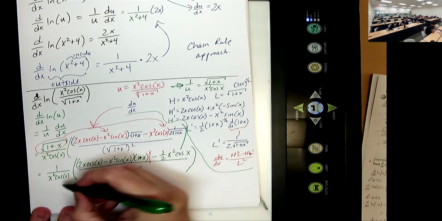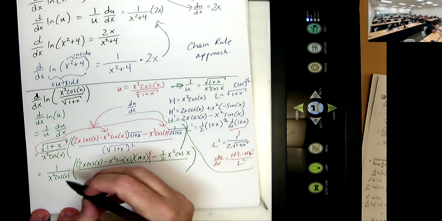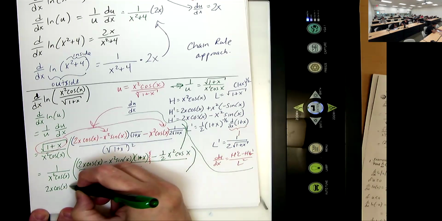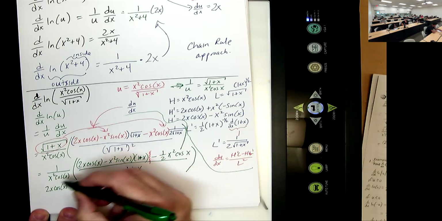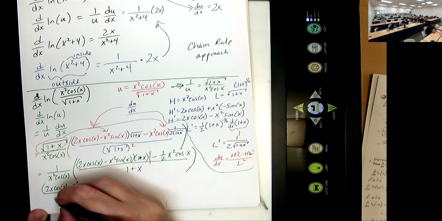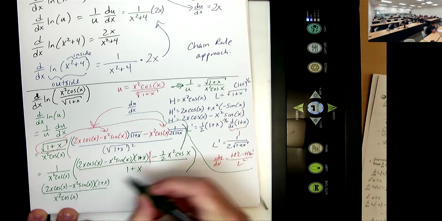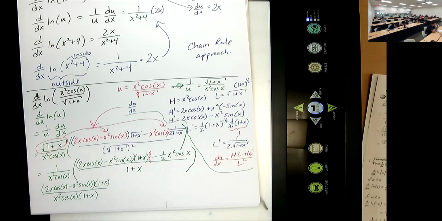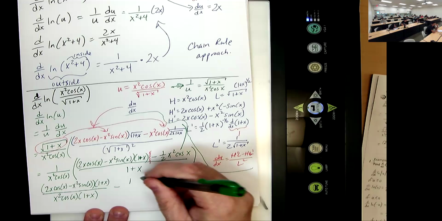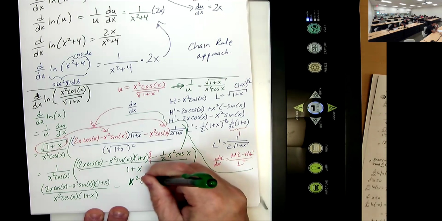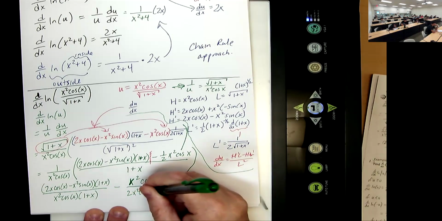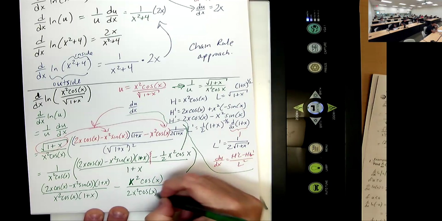So I'm gonna have 1/x², well, let me do the top, 2x cosine x minus x² sine x times 1 plus x over x² cosine x 1 plus x. I'm just splitting it, stuff will cancel out in a second. Minus 1/2, I can move the 2 to the bottom. Make this x² cosine x over 2 x² cosine x, 1 plus x.